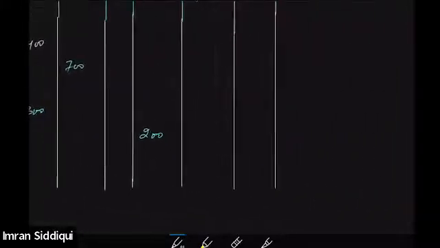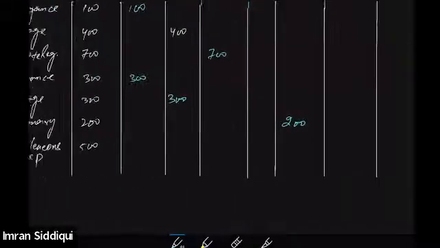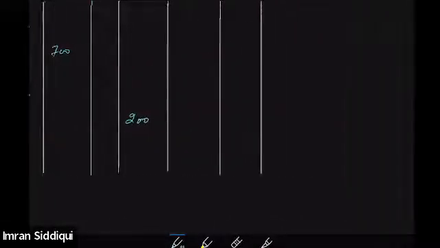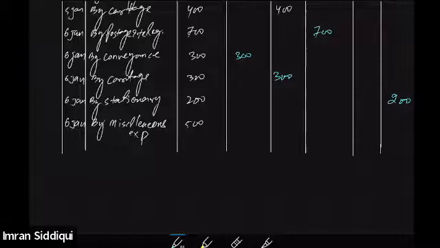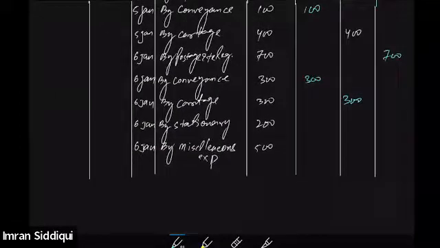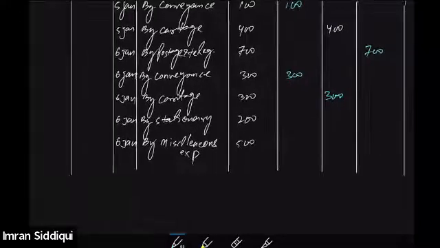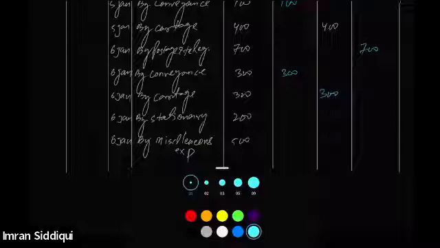Amount was 500, so I'll have to write this down here. 500. All right, understood, everybody? Is it clear? Yes or no? Since we have recorded all the transactions here, now we'll just total these columns. So let me do that.